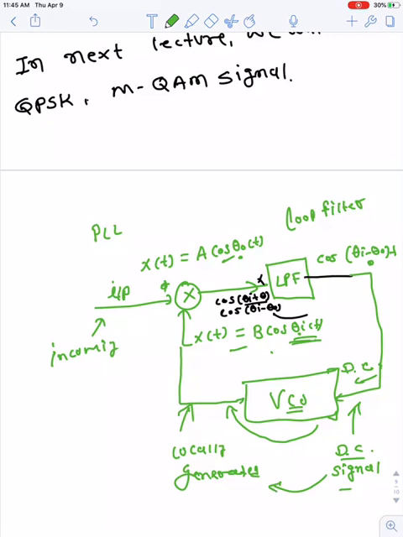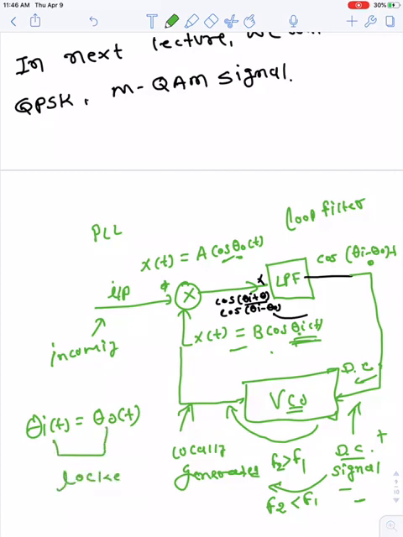If the DC signal is positive, then next time we generate an F2 frequency which is larger than the previous frequency F1. If the DC signal is negative, the next time we generate an F2 frequency smaller than F1, and try to match both frequencies. Whenever theta I and theta 0 are matched, the frequency is locked.